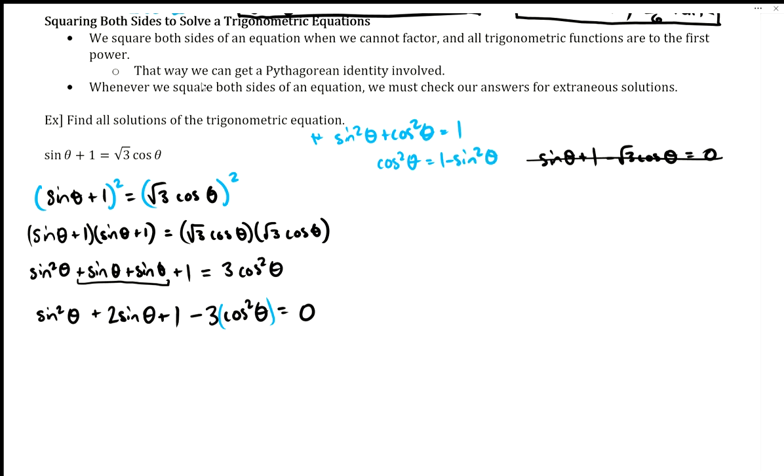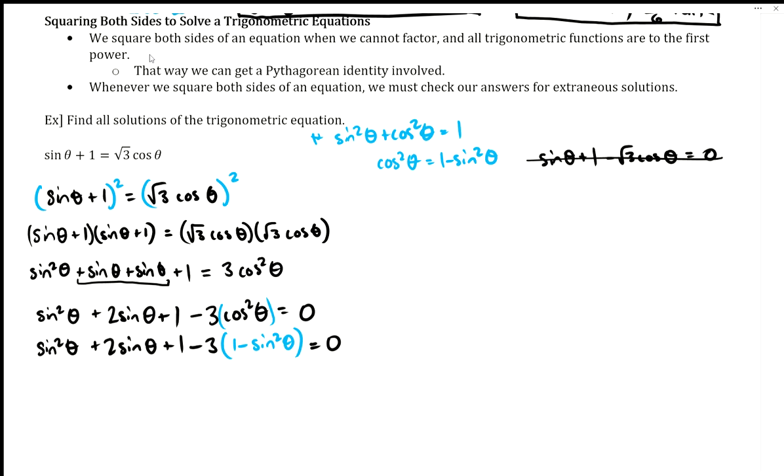So that in the blue parentheses will change. So we have sine squared of theta plus 2 sine of theta plus 1 minus 3 times the quantity 1 minus sine squared theta. All right, so we used an identity so that our expression is in terms of only sine.